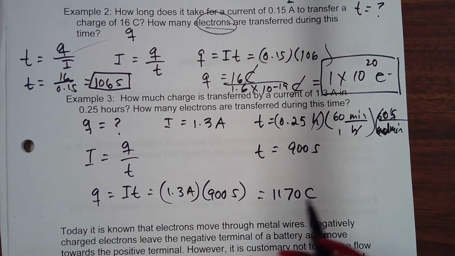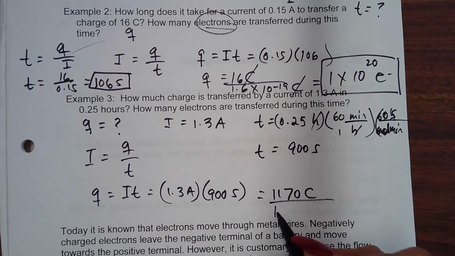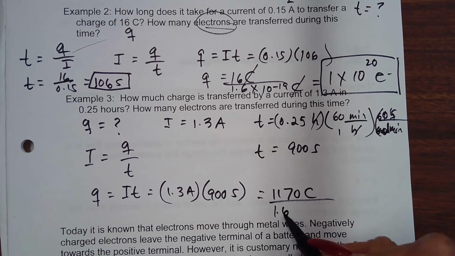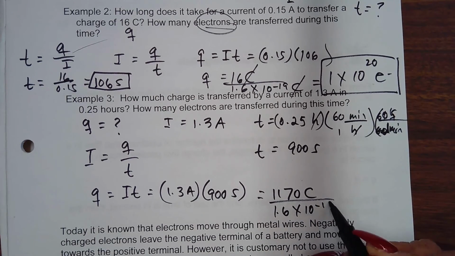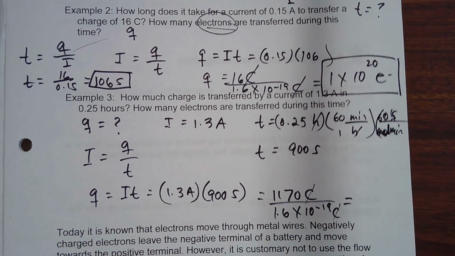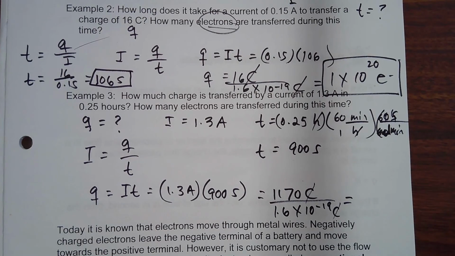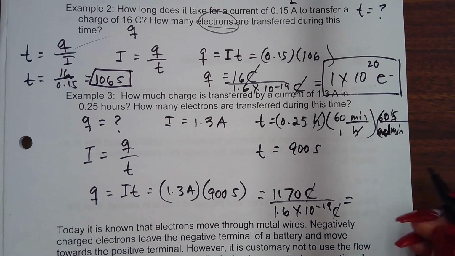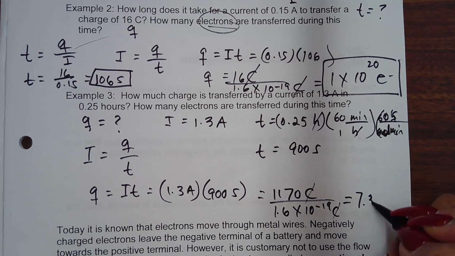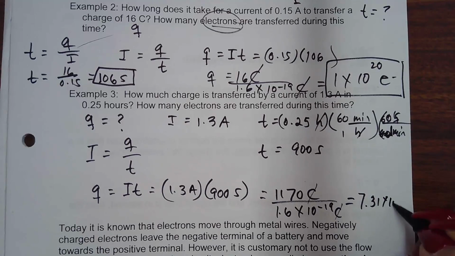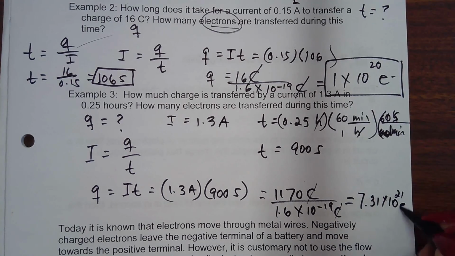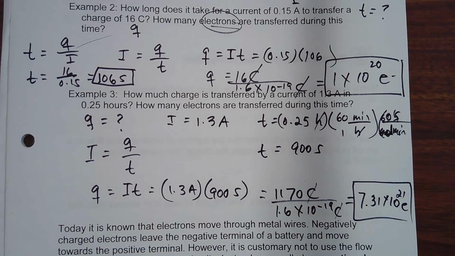Then you figure out how many electrons are transferred by dividing by the charge of one electron, and the coulombs will cancel, giving you the number of electrons. It's a lot of electrons, 7.31 times 10 to the power of 21 electrons. Okay, there you go.